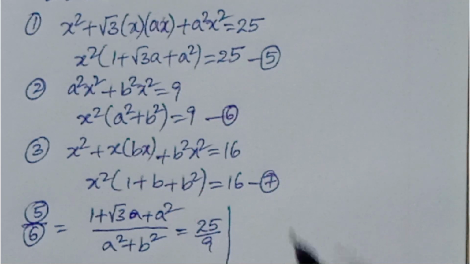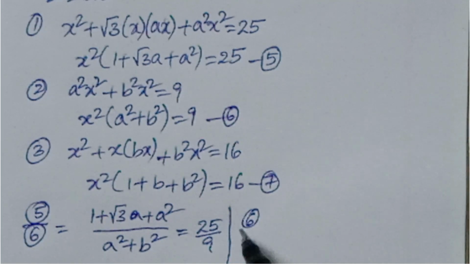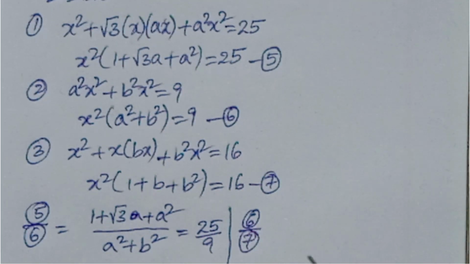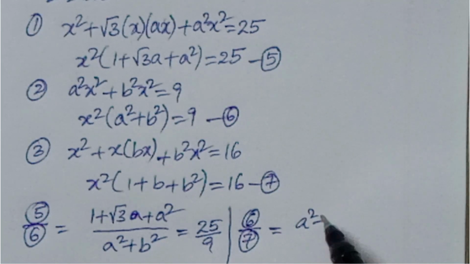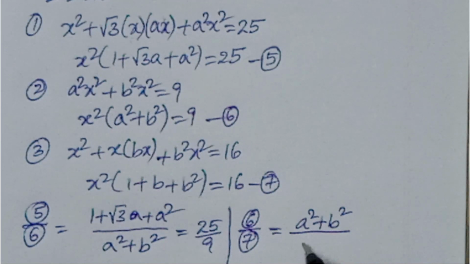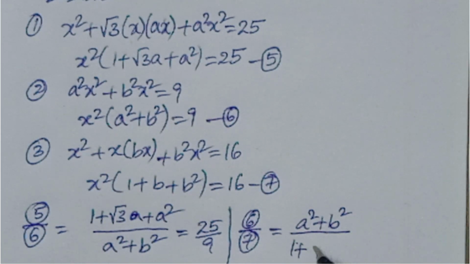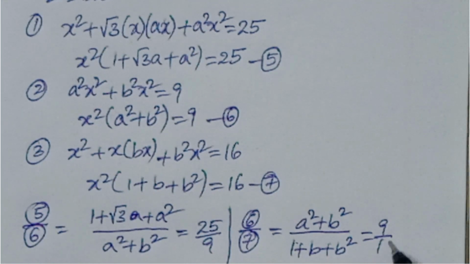Now we are dividing 6 by 7 also. If you divide 6 by 7, x square will cancel: a square plus b square by 1 plus b plus b square is equal to 9 by 16.